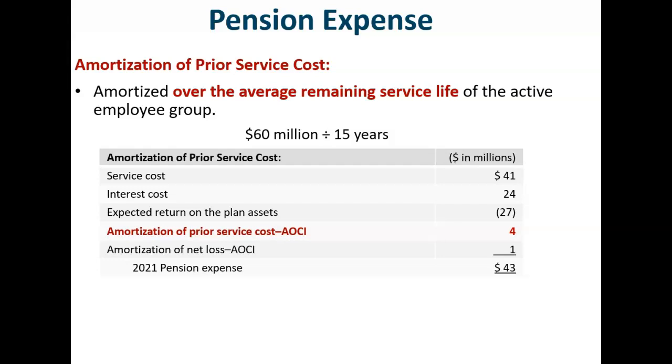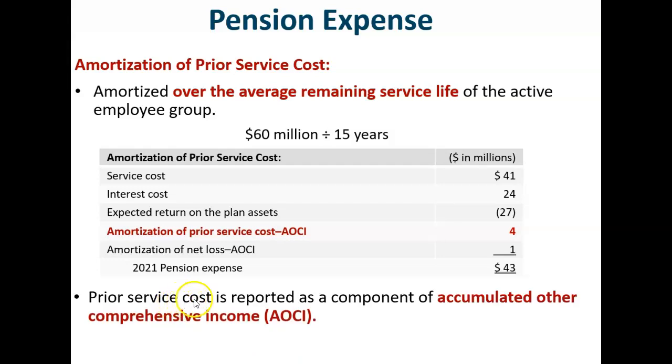The Financial Accounting Standards Board instead prefers to consider it to be other comprehensive income, and like the handful of losses and gains also categorized this way, it is not reported among the gains and losses in the traditional income statement. So prior service cost is reported as a component of accumulated other comprehensive income.